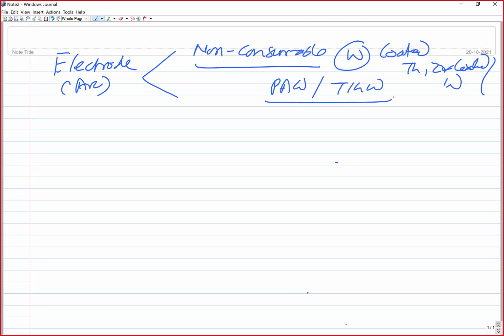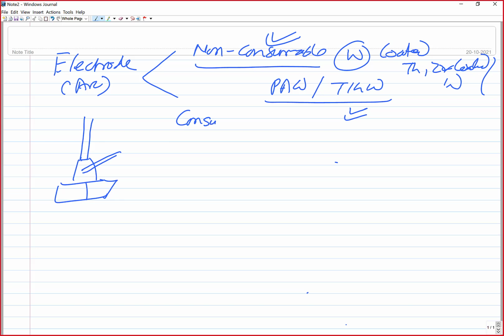In non-consumable arc welding processes, your electrode remains intact. It just helps to strike the arc. It is not consumed and doesn't provide the filler metal. Filler metal you have to feed from an additional source from outside. So there is no consumption of the electrode in plasma arc and TIG welding.